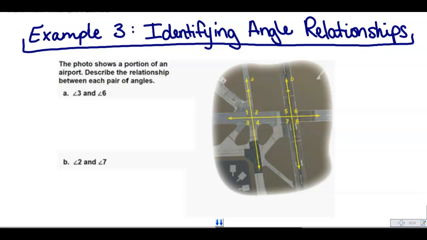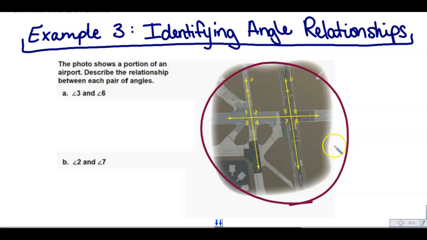All right, one last thing here. Real life situation, where does this come in handy? Well, it comes in handy, believe it or not, when taking a look at many types of maps or even airline strips. This is an airline layout.